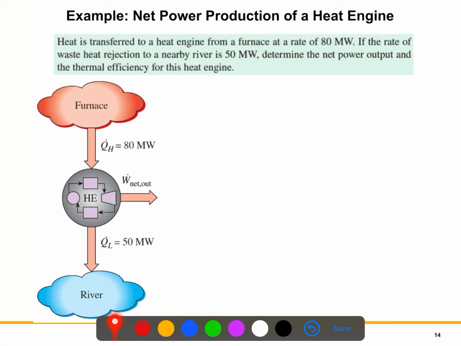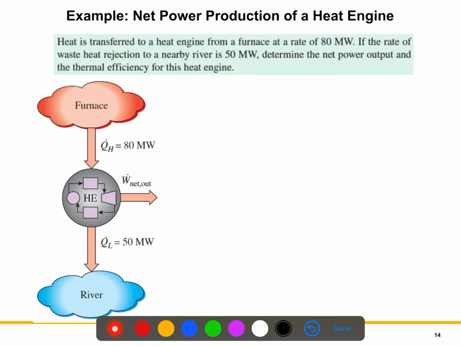And the waste heat rejection to the nearby river is 50 megawatt. So that's given. We know from the theories we discussed for the heat engine, the net power output and the thermal efficiency, so we already know.